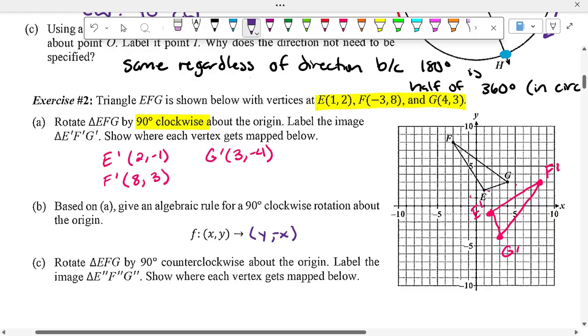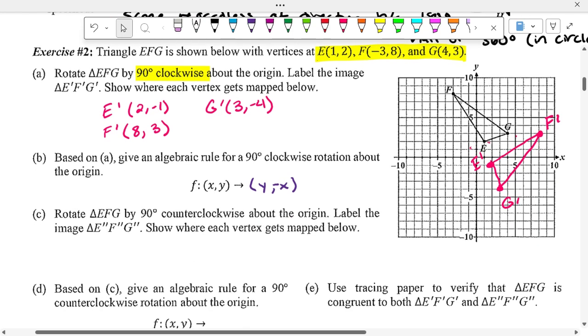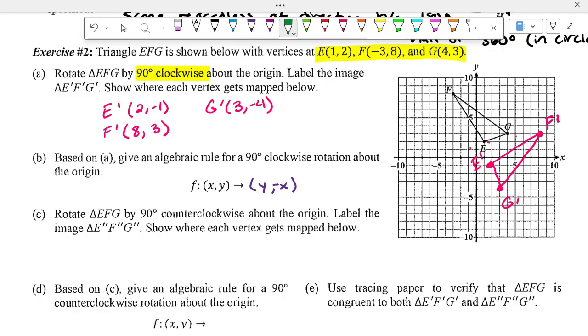All right. Now, if we rotated clockwise, okay, and I'm just going to give you these points. But just know if you rotate it clockwise, this is what would happen. E would become -2, +1. So that's E double prime.